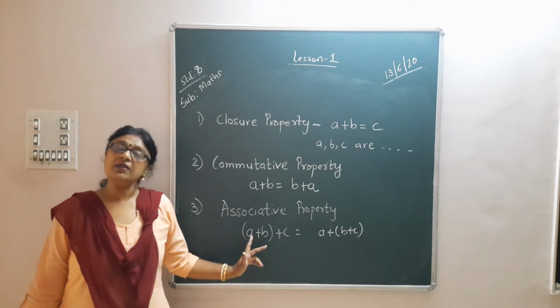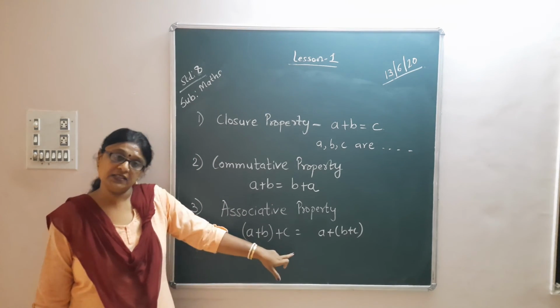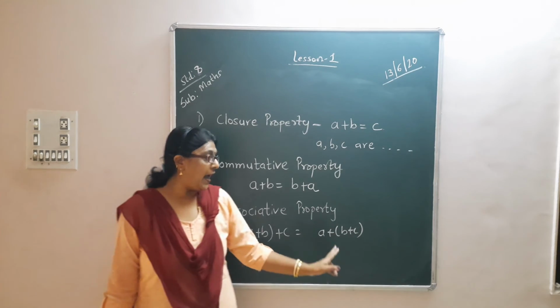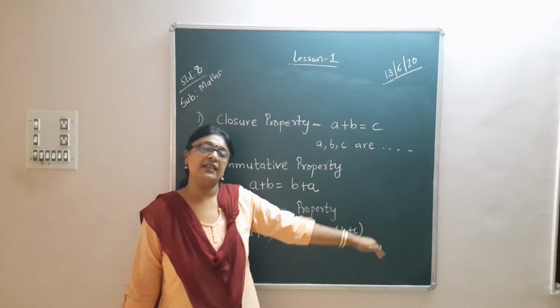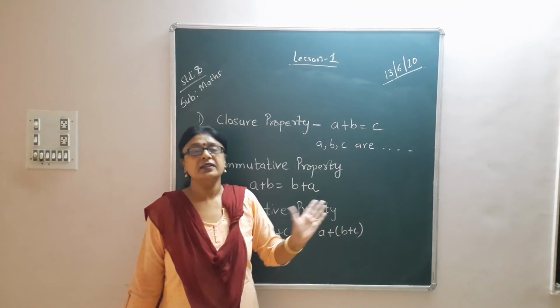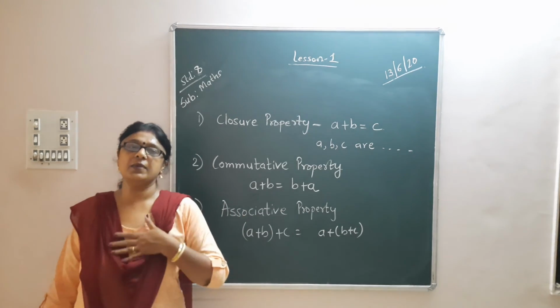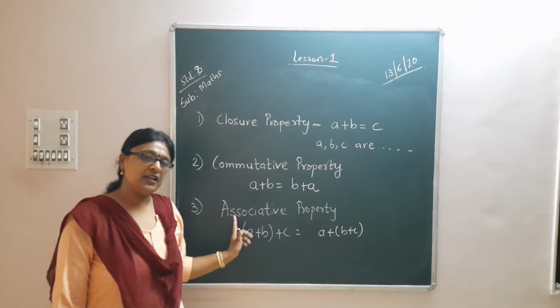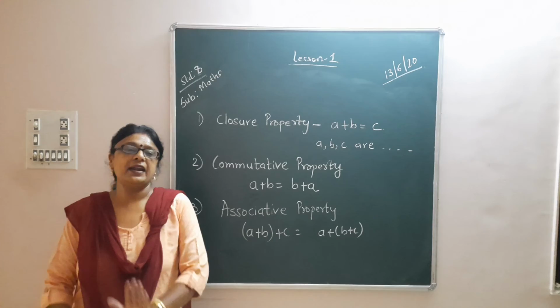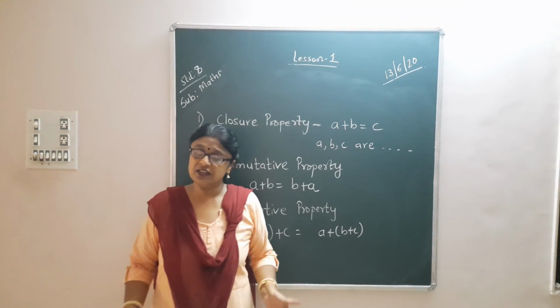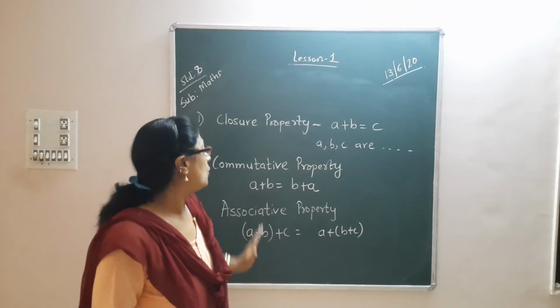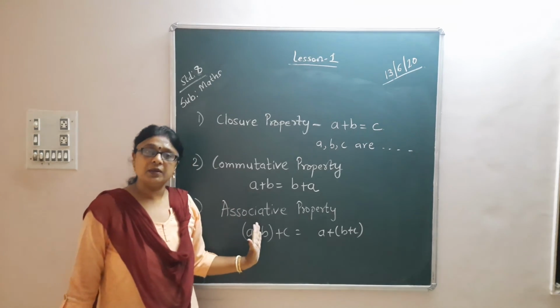Whether you add a and b first and then c, or you add b and c first and then add a. Okay, the answer. If the answer remains same, then associative property is true. And if the answer has a difference, then it is not true. Okay, so these are the three main properties.